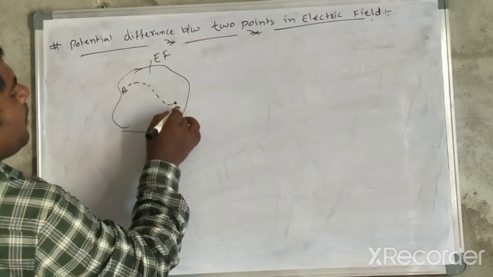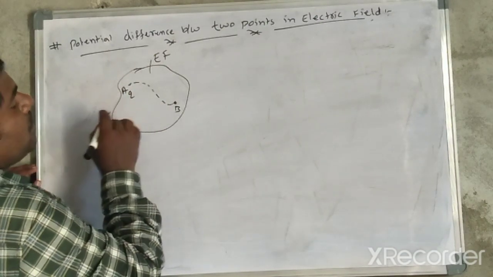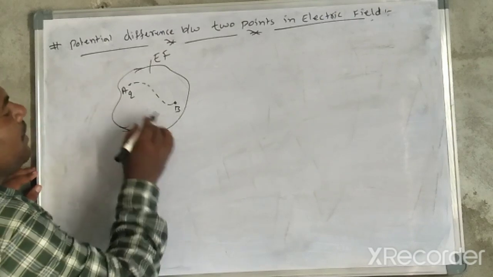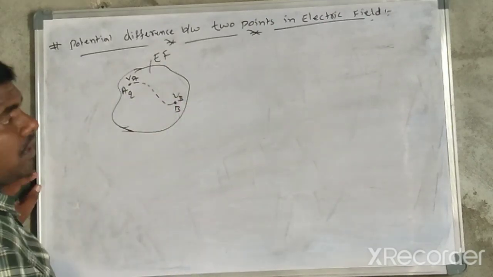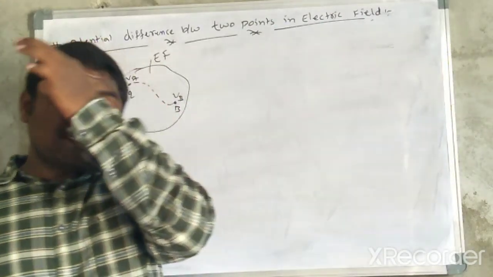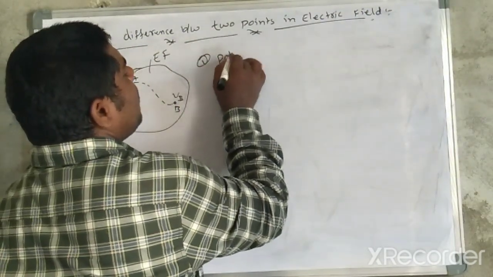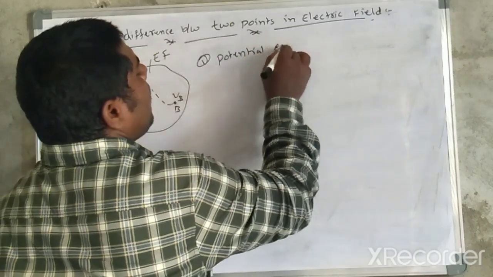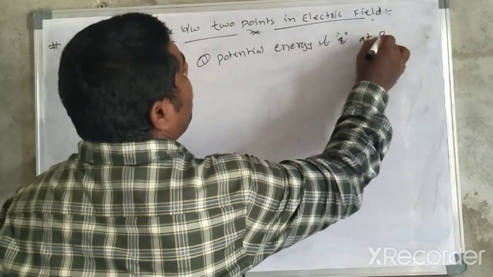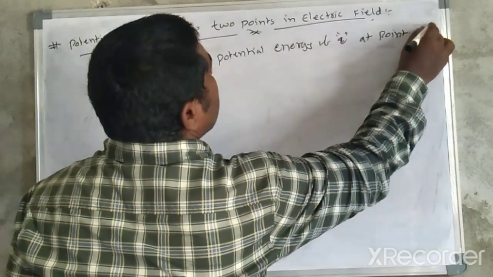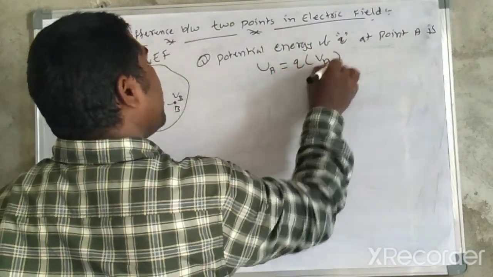A point charge Q is moving from A to B. Here the potential at A is VA, and the potential at B is VB. The potential energy of Q at point A is UA, which is equal to Q into VA.